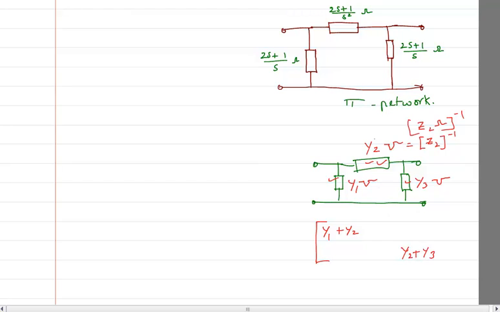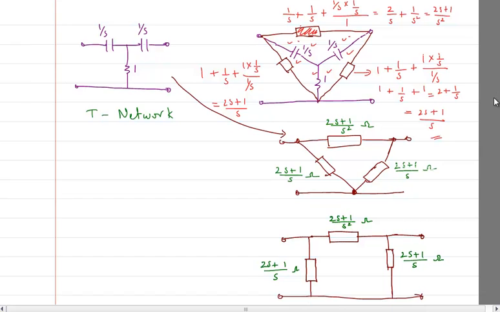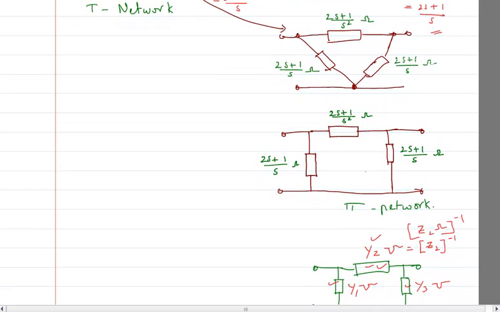And what is common between them is this y2, which comes out as minus y2 at the corners here, and similarly minus y2 here. So if this is the case, I can directly write the y parameters of this one, but before that I have to convert it into mho.